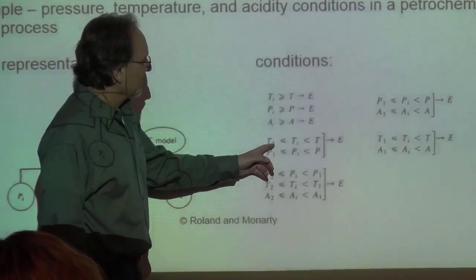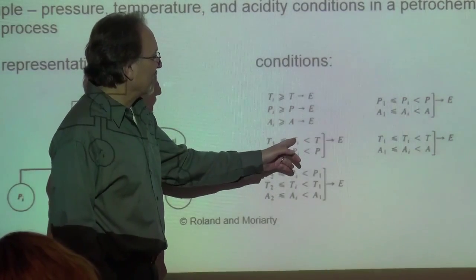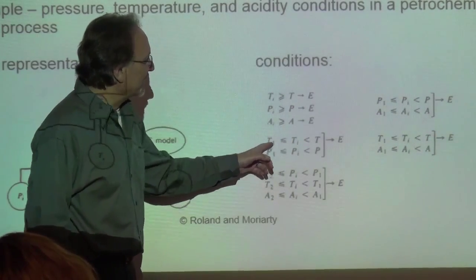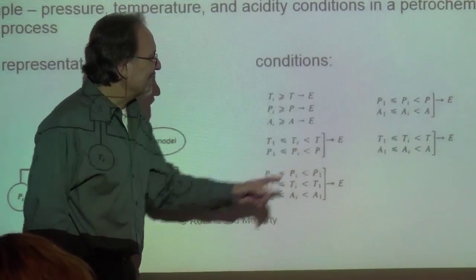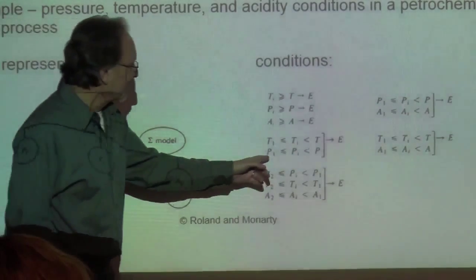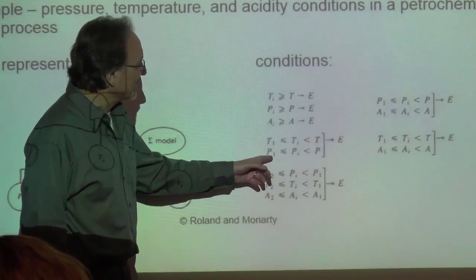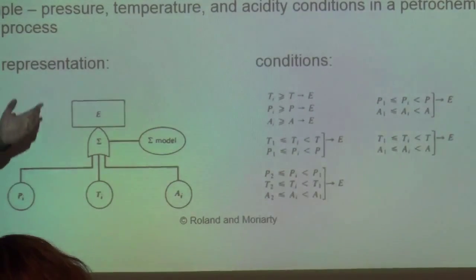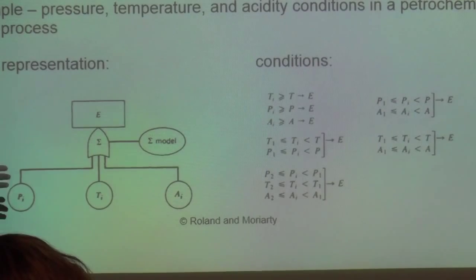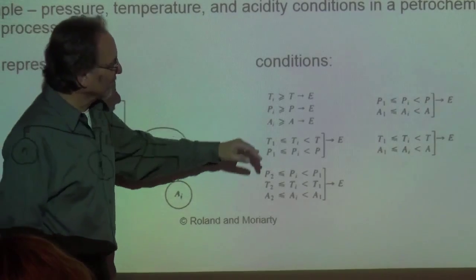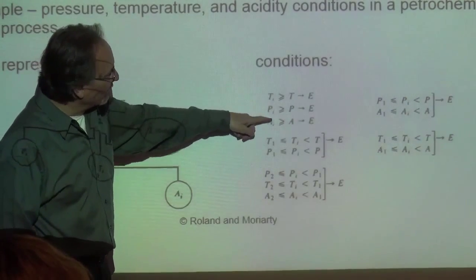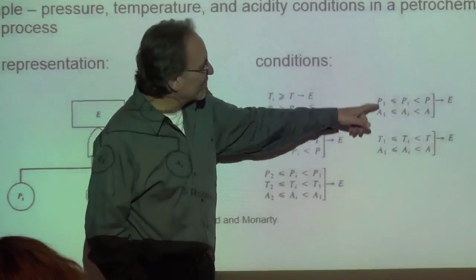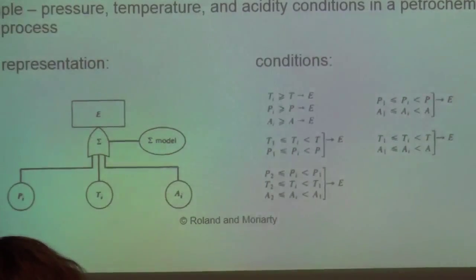If T sub I is between some value T sub 1 and T, and P sub I is between some value P sub 1 and P, then the fault will pass. And you can see where this is going. This is a highly specific set of conditions for the fault to pass. So this is 1, 2, 3, 4, 5, 6, 7 sets of conditions that, when they occur, will allow the fault to pass.